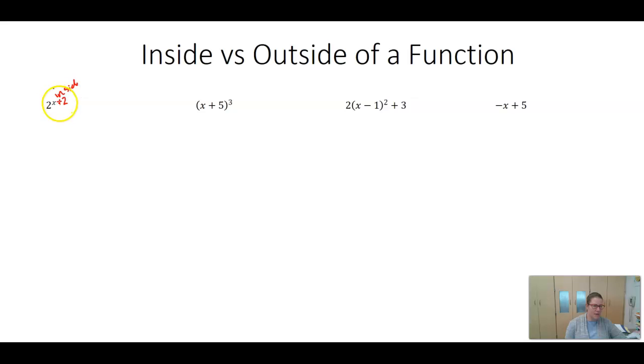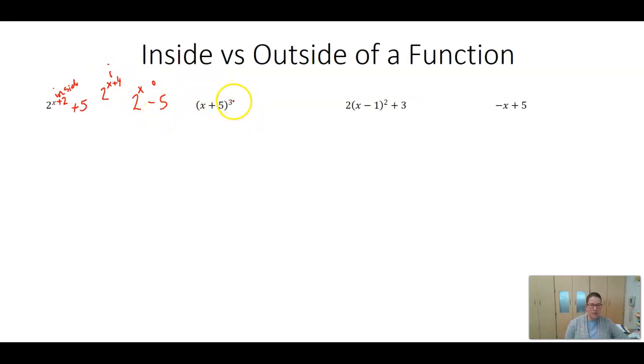That change is happening inside. For an exponential function, if the change were on the outside, it would be a big plus 5 or minus 5, or minus or plus any number for that matter. So the difference here is that if it's on the inside, it's going to be up in the exponent with x. If it's on the outside, it's going to be down here, a big number with the base number. Okay? This one's outside, this one's inside.